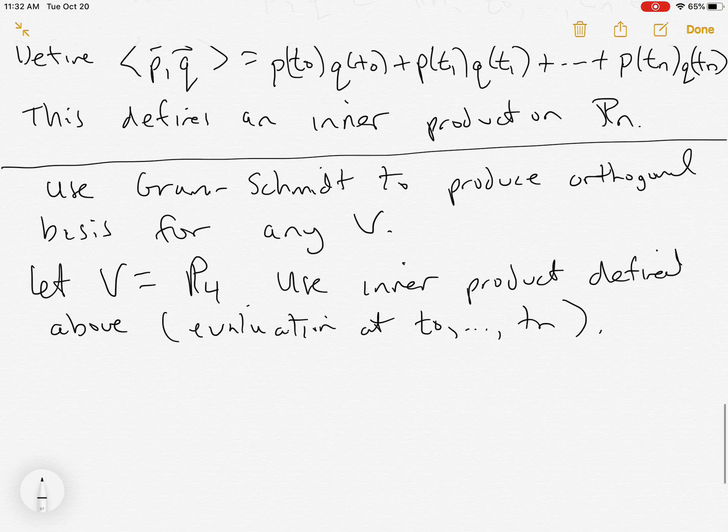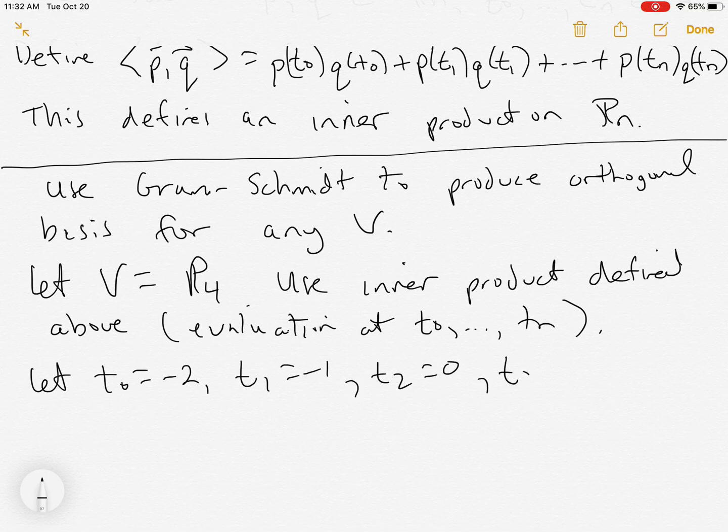All right, so here we go. For this example, we're going to let T naught equal -2, T1 equals -1, T2 equals 0, T3 equals 1, and T4 equals 2. So evaluation at the numbers -2, -1, 0, 1, and 2.